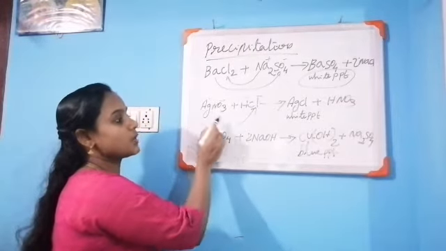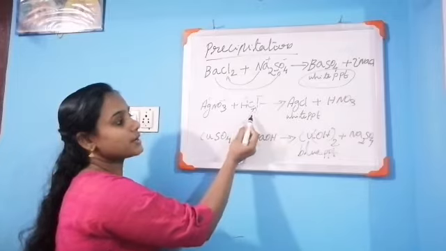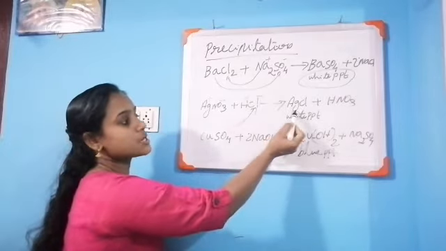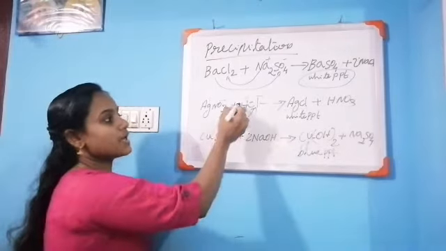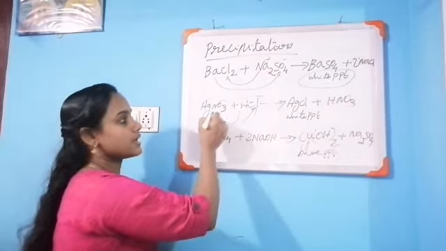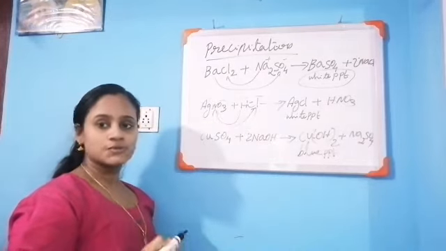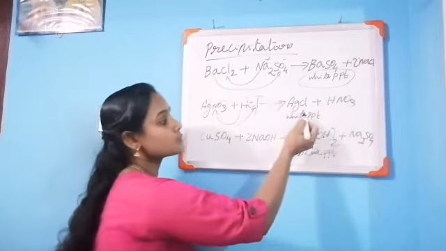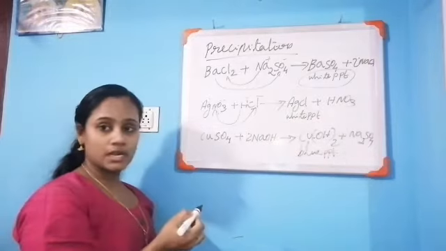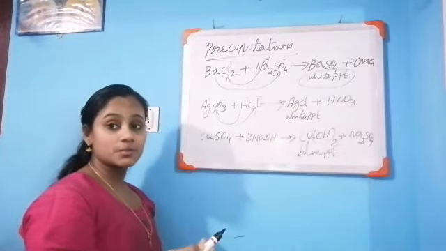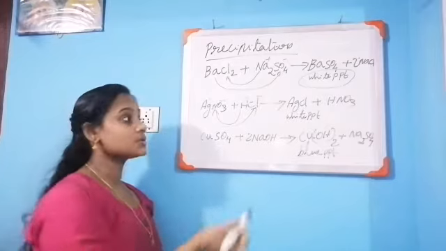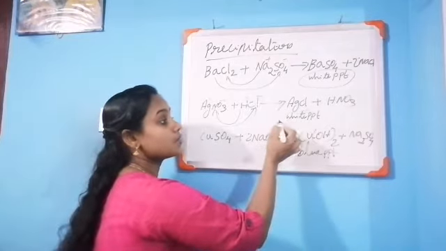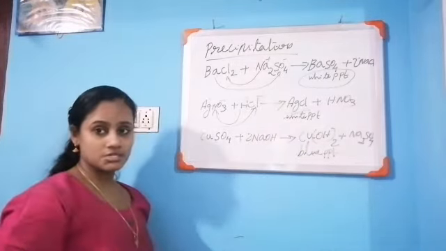Silver positive combines with the chloride negative ion to form silver chloride. Similarly, H plus combines with nitrate ions. A white precipitate, an insoluble solid, is formed. So this reaction is called precipitation reaction.